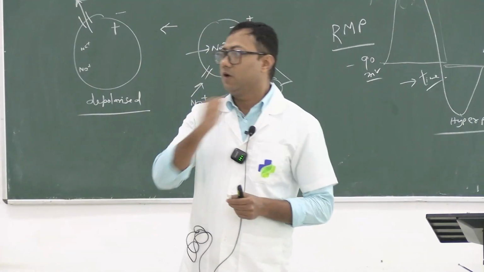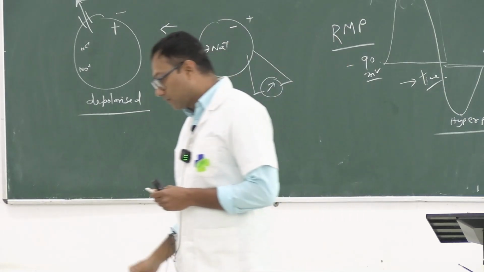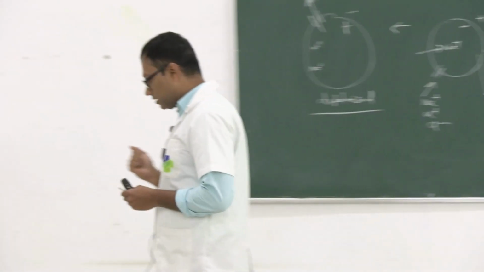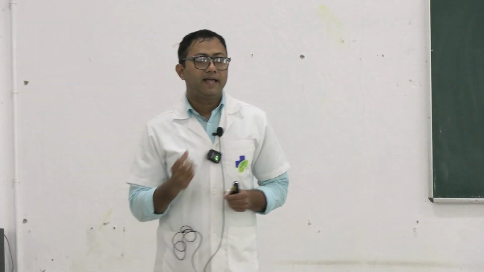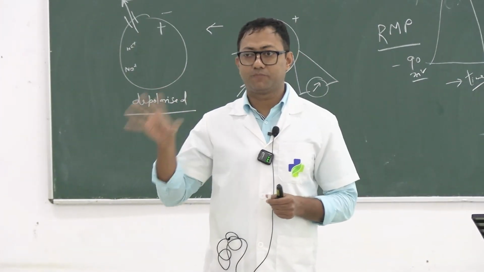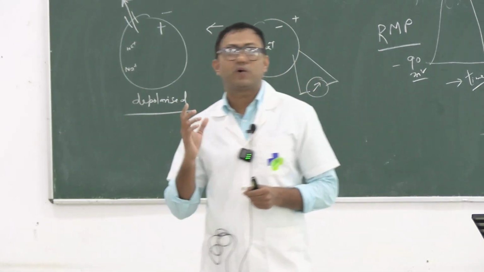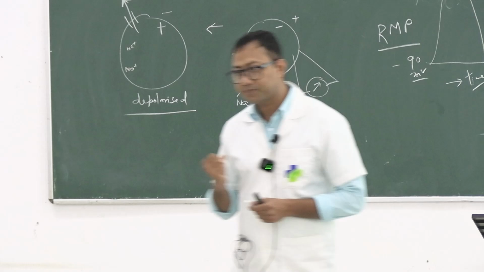Now next, what you need to know, two things. One is action potential. Again introducing one term, action potential. You know what is resting membrane potential, but what is action potential?